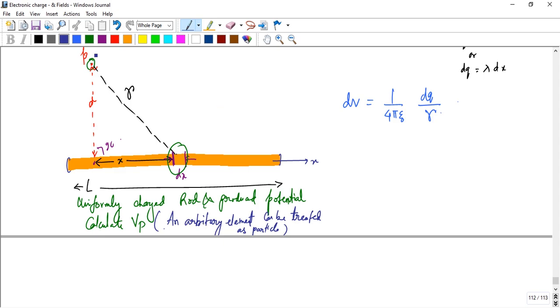Now choose the point P and calculate the potential there. The distance from the arbitrary element to point P is r.